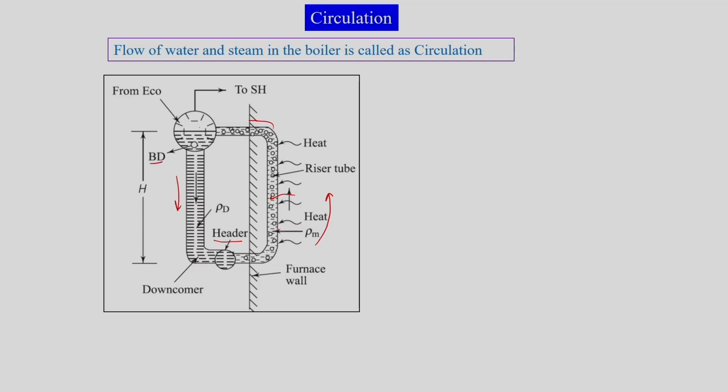These riser tubes are inside the furnace. So, this is the part of the furnace, and here we are outside the furnace. The downcomer is sometimes outside the furnace or it can be inside the furnace as well.